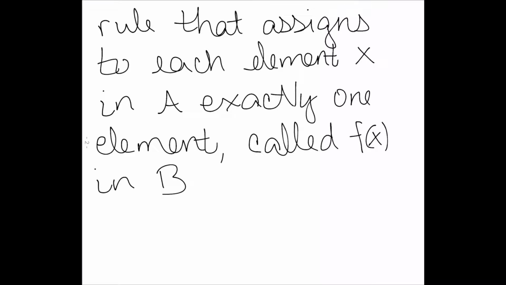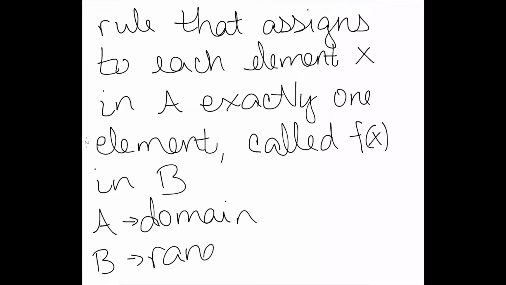A more precise definition of a function f would be a rule that assigns to each element x in some set A exactly one element called f of x in the set B. So this set A, where our x is, is called the domain, and the set B is called the range.